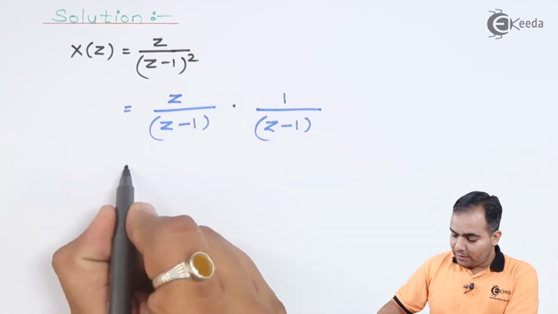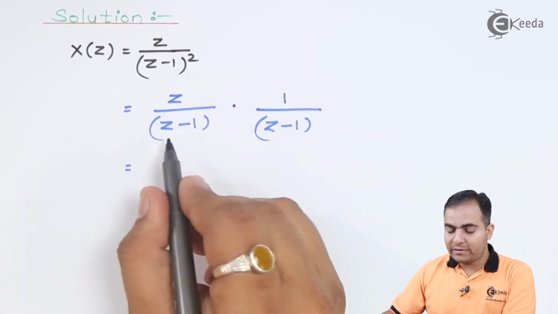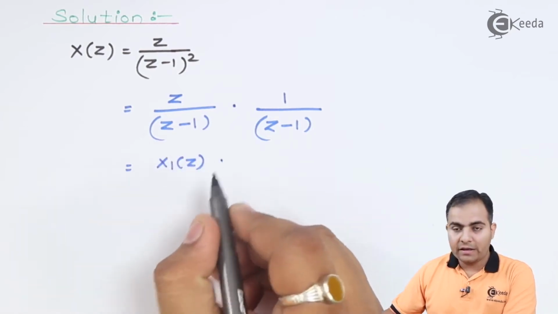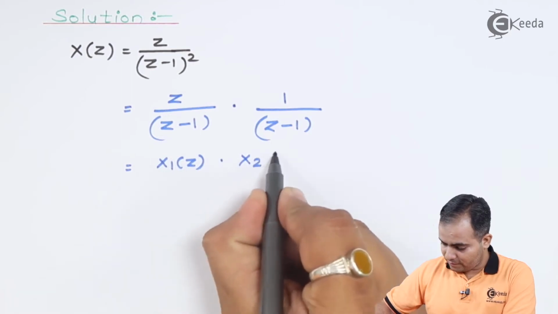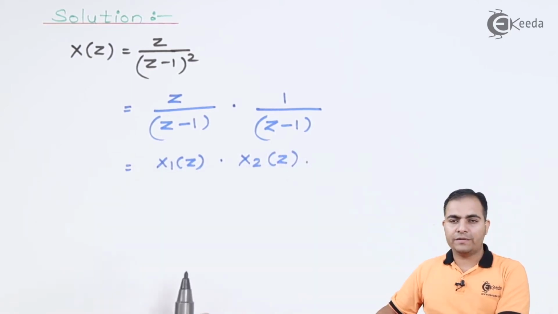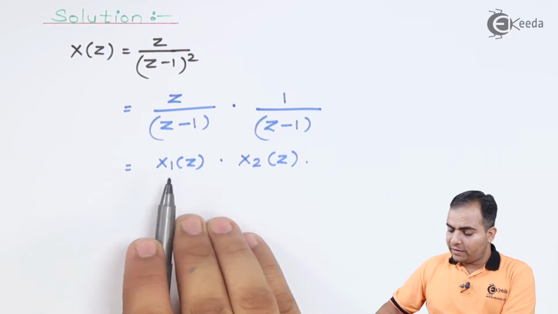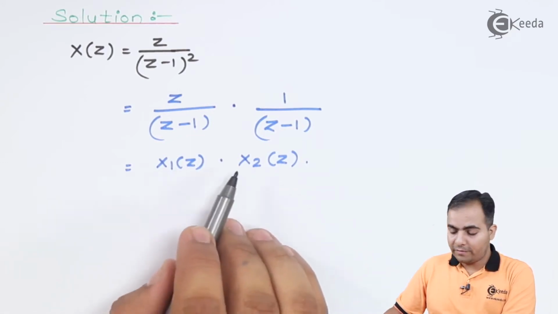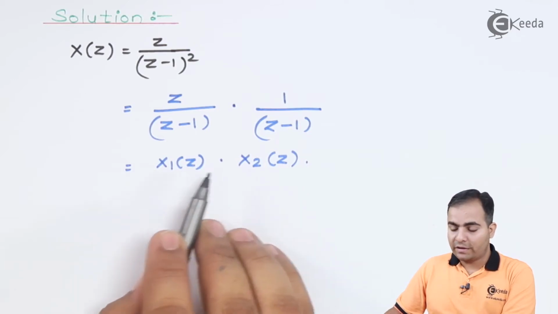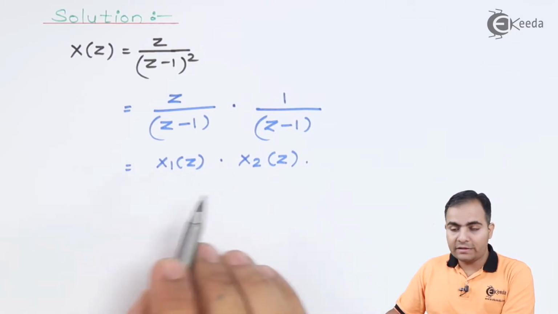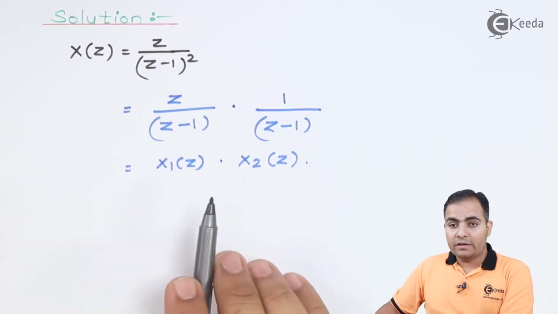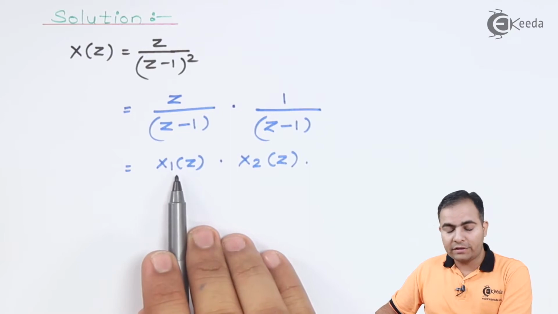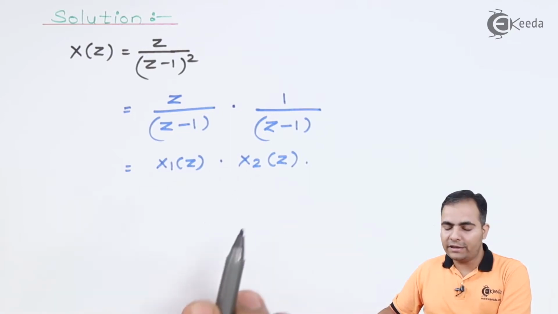So let's say my first part, z upon z minus 1, is X1 of z, and the second part is X2 of z. Now X1 of z into X2 of z, according to the convolution theorem, two functions can multiply with each other in Z transform only when the discrete samples, that is x1 of n and x2 of n, convolve with each other.